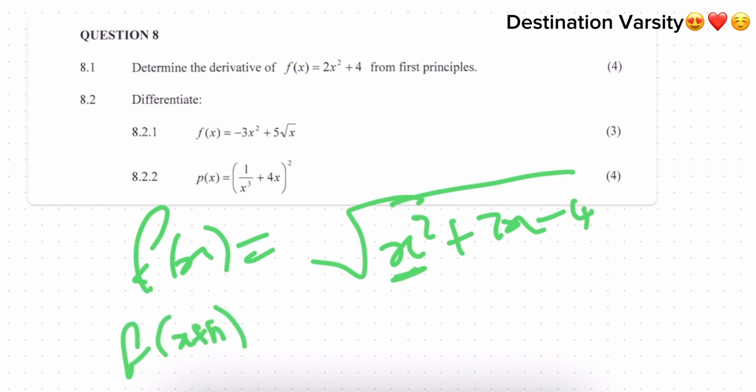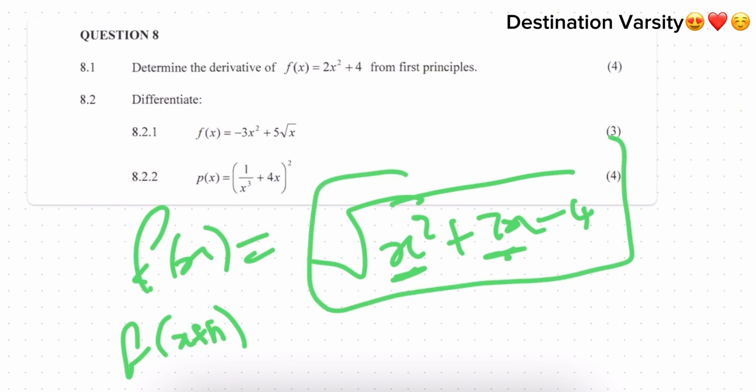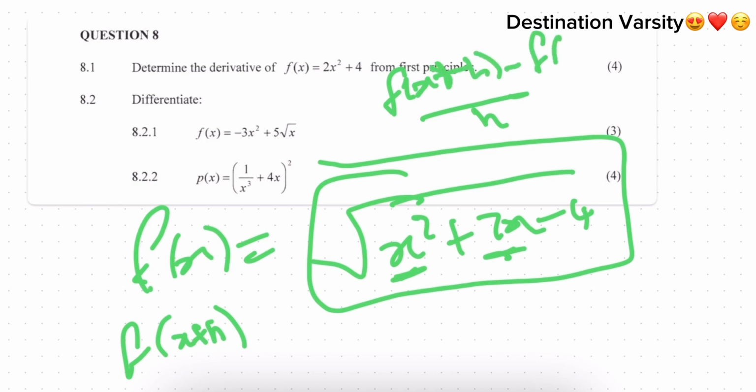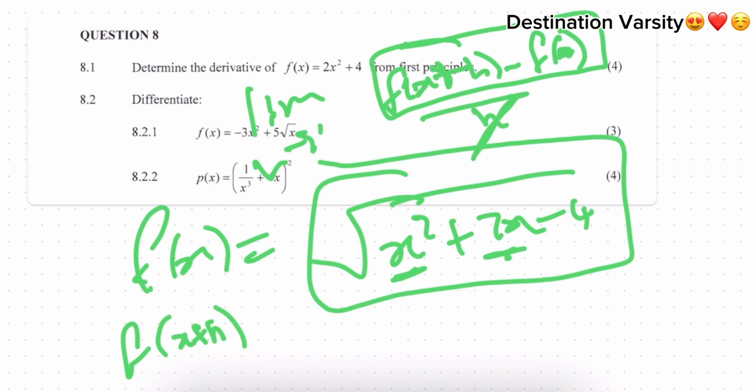You expand it as much as you possibly can, and then you minus f at x from that. Then you try and kill the h that is in the denominator. Remember there was an h in the original equation. You try and take out h as a common factor here so that you cancel this h. Then you plug in your limits as h approaches 0.